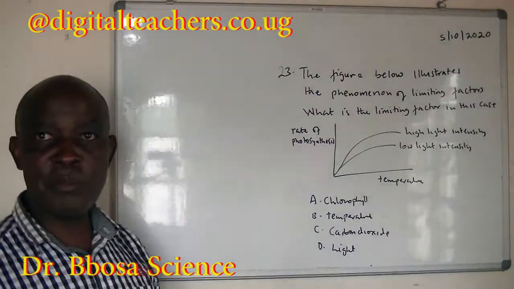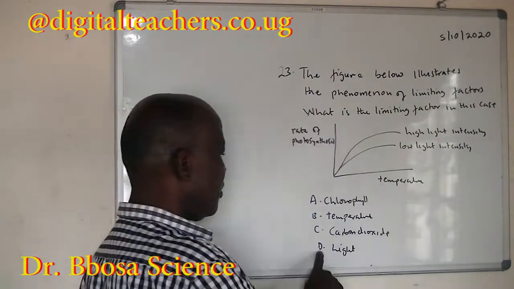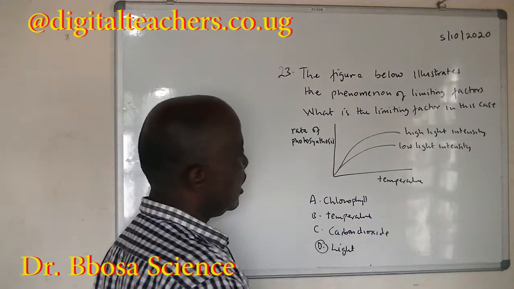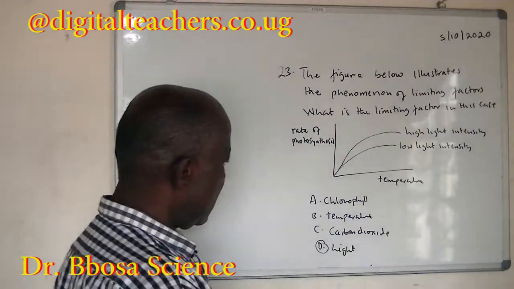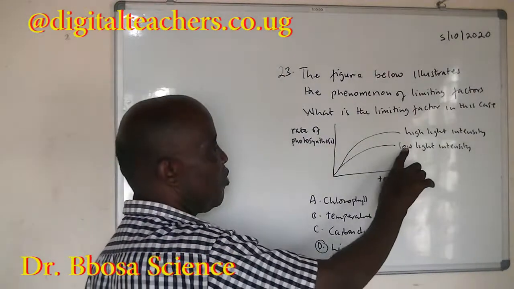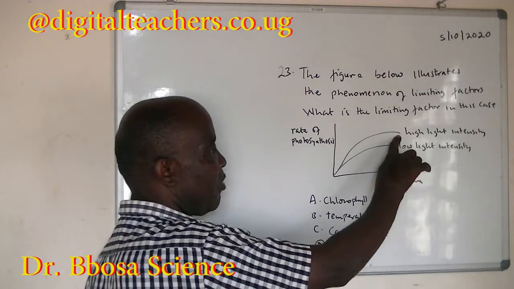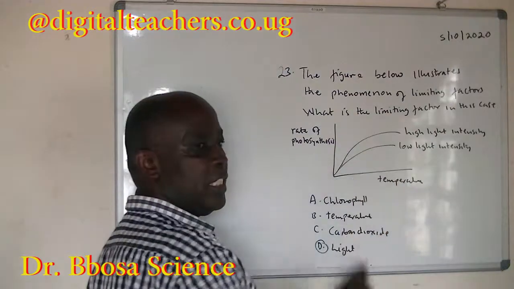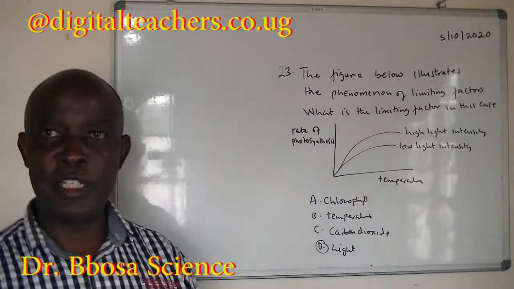Carbon dioxide is not mentioned in the graph. So the answer is D. Light is the limiting factor, because increasing light from low light intensity to high light intensity, the rate of photosynthesis increased.